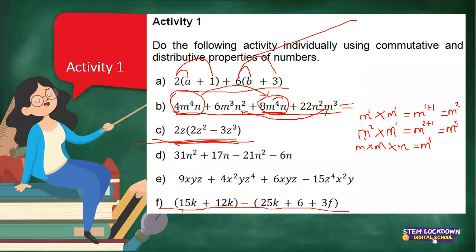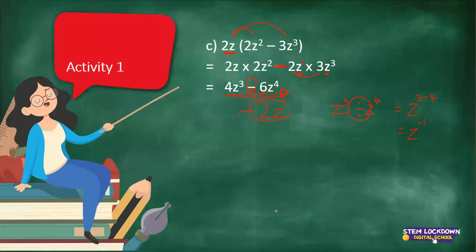Sir, for C, can you please go back to that slide? I want to ask a question for that one. Sir, how can 2z be multiplied by 3z to the power 3?